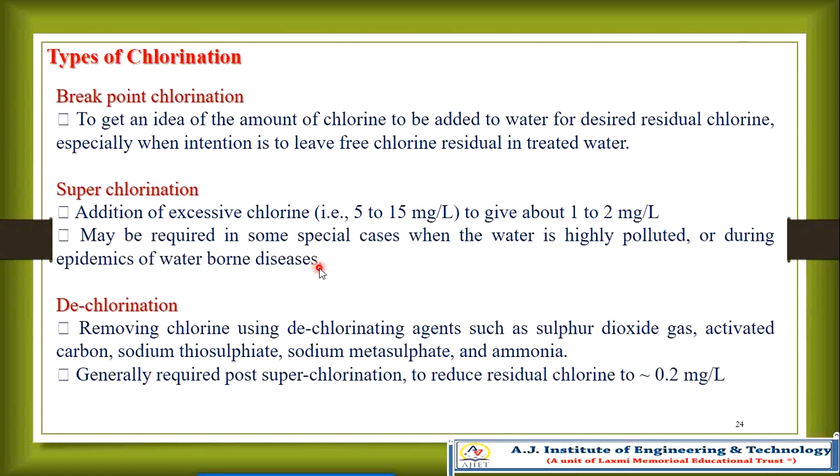And what is dechlorination? Dechlorination is nothing but the removal of chlorine. That is, we are going to remove the chlorine in the water using dechlorinating agents such as sulfur dioxide. If excess chlorine is there, then we are going to remove it.